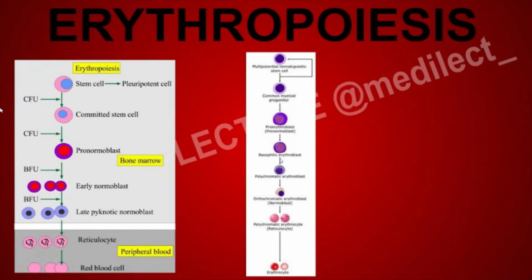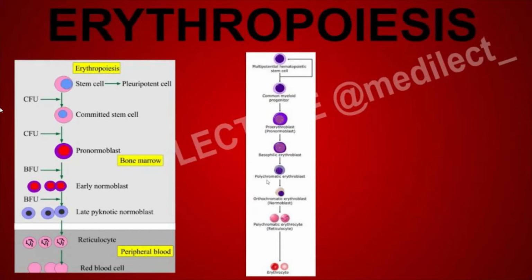In this stage there is a higher nucleus to cytoplasm ratio, the chromatin condenses, and the cytoplasm is basophilic. That's why it is known as the basophilic erythroblast, or the early normoblast.